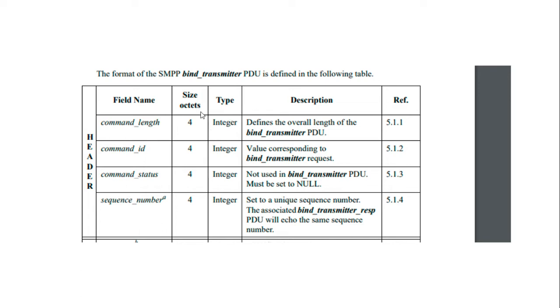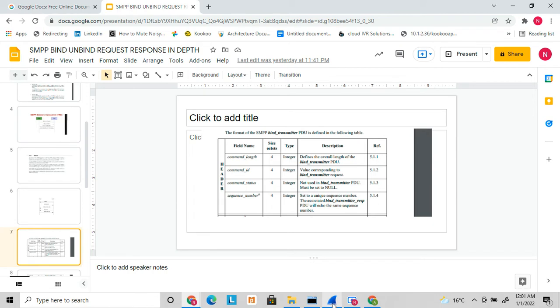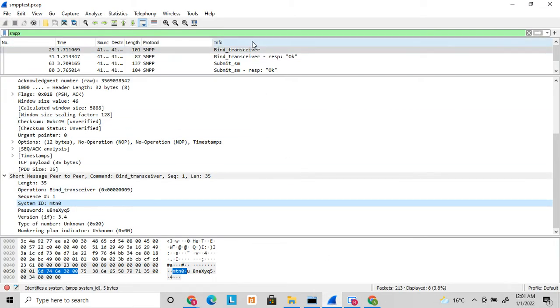Before going to discuss all this, let me show you a real example of how these things work. Basically, this is one bind request. If an ESME client is sending, because this is IP based communication, you can capture those requests in Wireshark and filter them with the SMPP protocol.